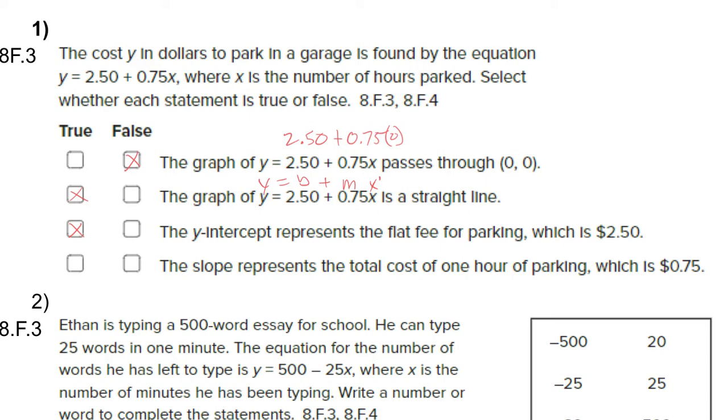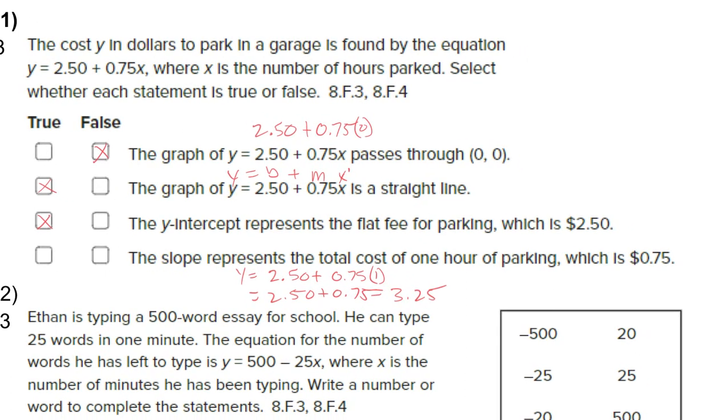If you had 1 hour of parking, it would be y equals $2.50 plus 0.75 times 1, so that would be $2.50 plus 75 cents, which would be $3.25. And that is not the same as 75 cents. So this is false.